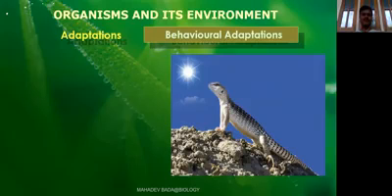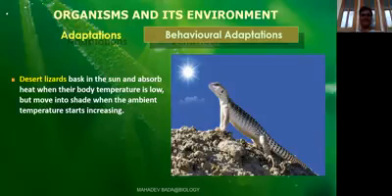There is one more type of adaptation, which is behavioral adaptation. When you see the desert lizard in the picture, the speciality of this lizard is that it will bask in the sun and absorb heat when its body temperature is low. When the body temperature goes down during the winter season, it comes out, basks in the sun and gets the sun rays, and at the same time moves to a shady area when the temperature is high.